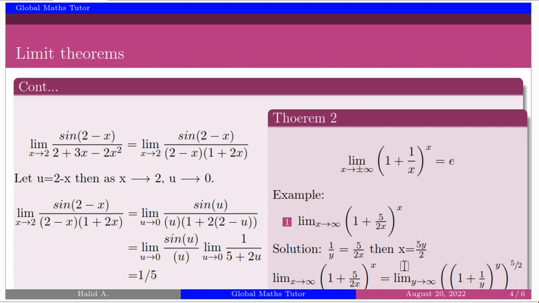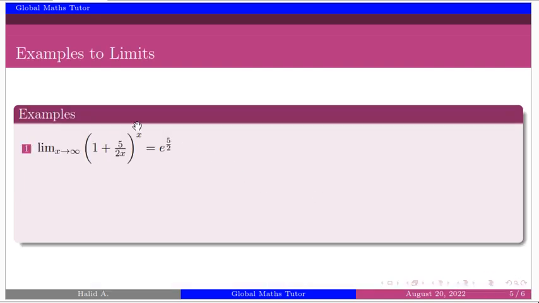From limit law we can say that finding the limit for the inner one and then making the power of 5 over 2. This inner limit will be the same as this theorem, so it will be e to the power of 5 over 2.